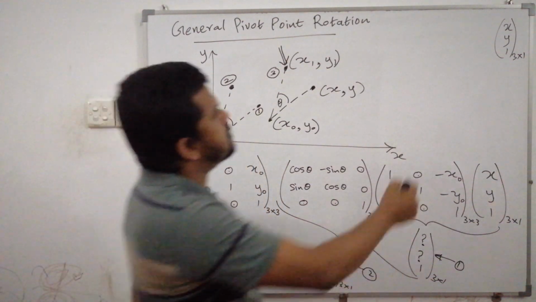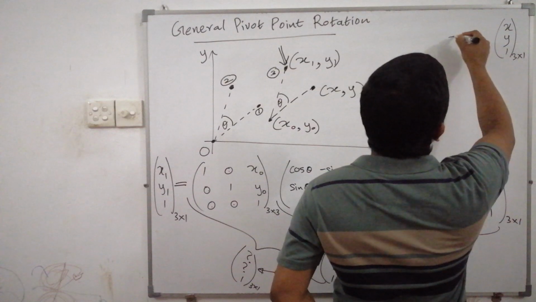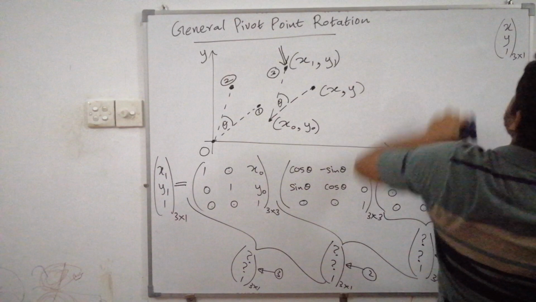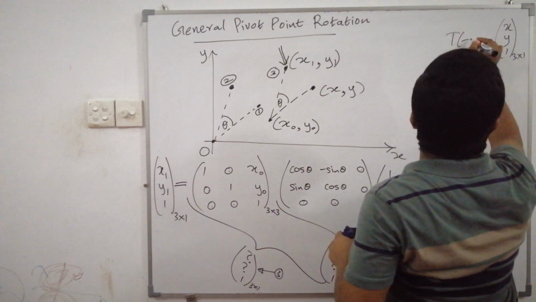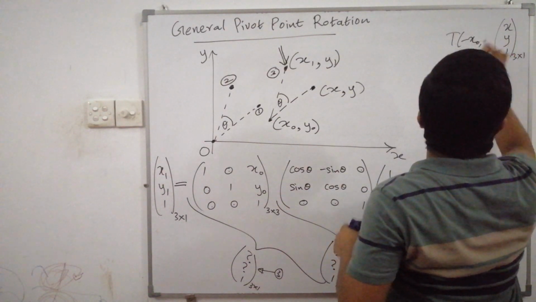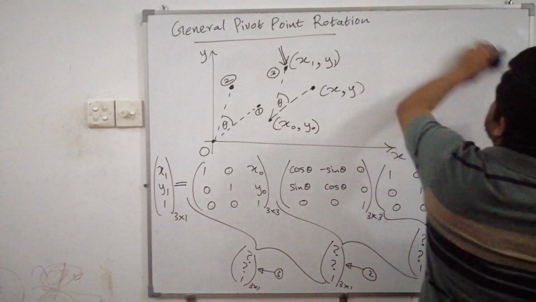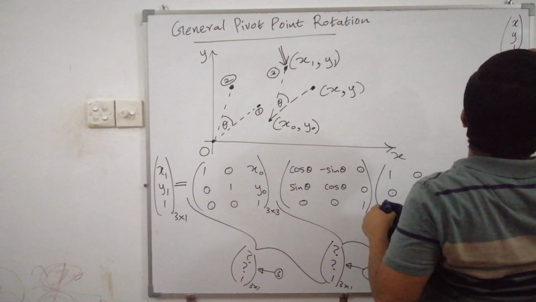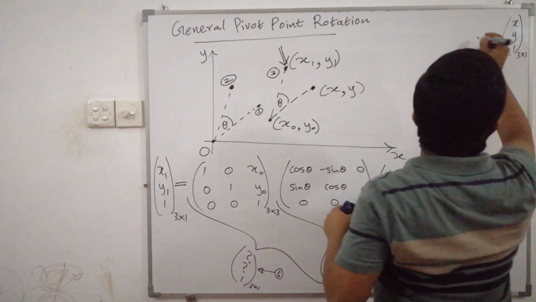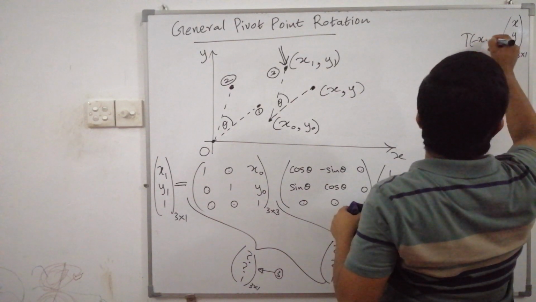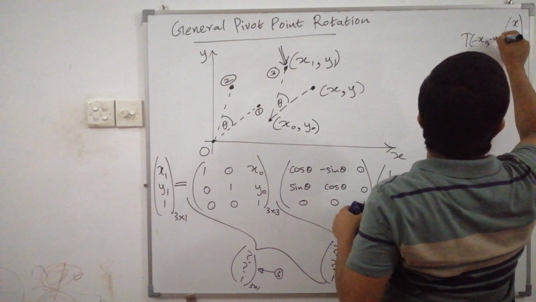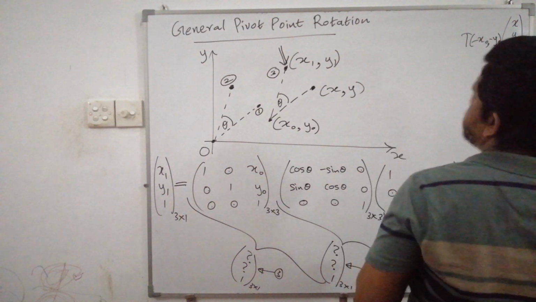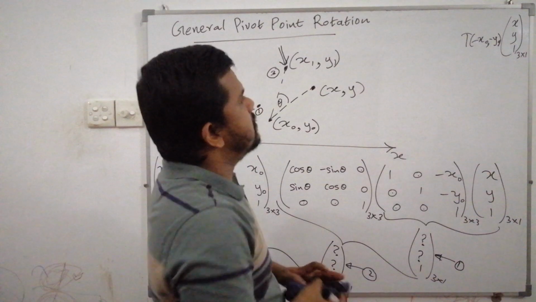So what we first did was we had this point, a 3 cross 1 matrix. So minus x naught, minus y naught, we translated.